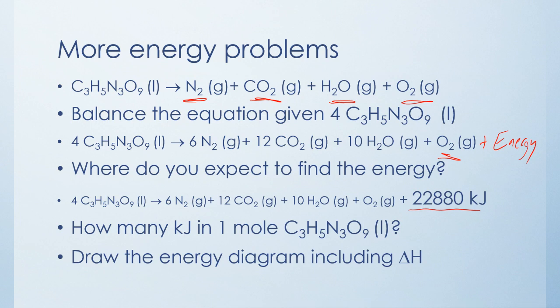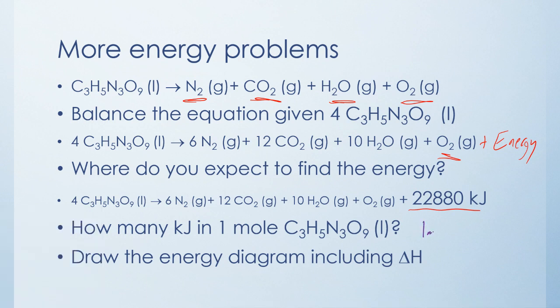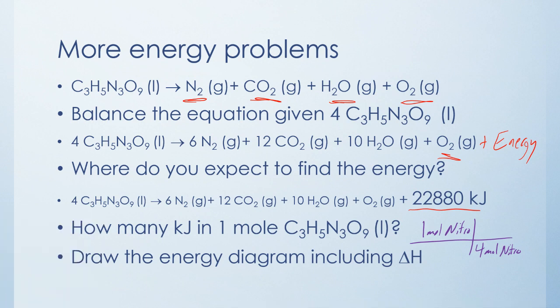So if you only had 1 mole of nitroglycerin, not 4, does it make sense that if you had 1 mole of nitro, and we know that 4 moles of nitro will give us 22,880 kilojoules of energy, that 1 mole would basically give you 1/4 of that.